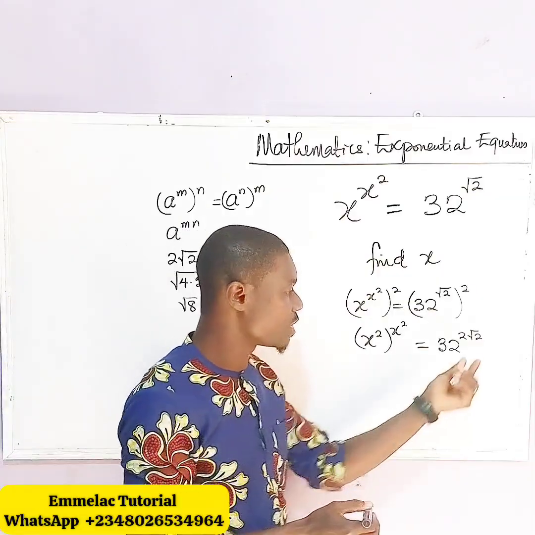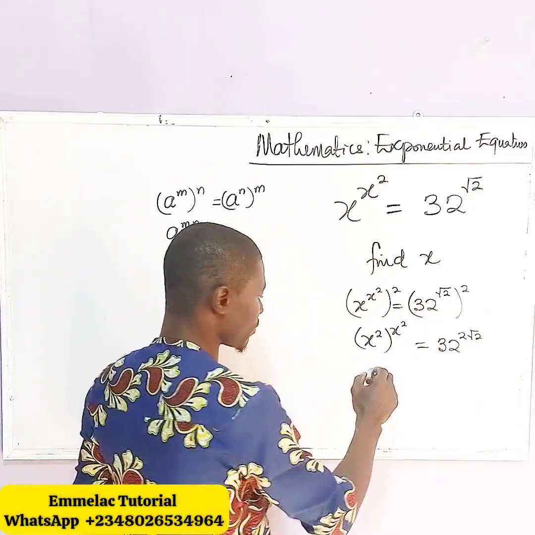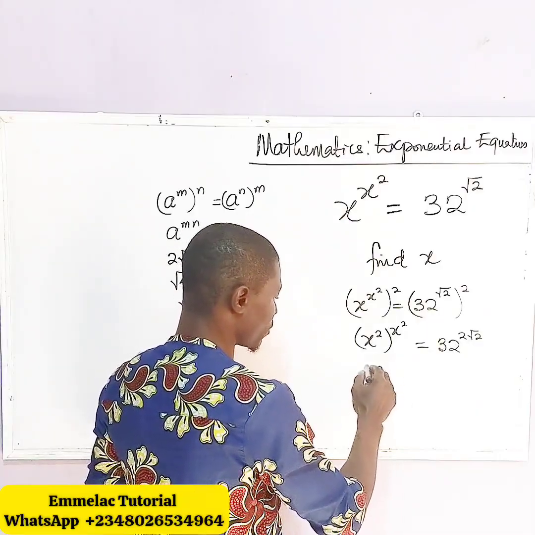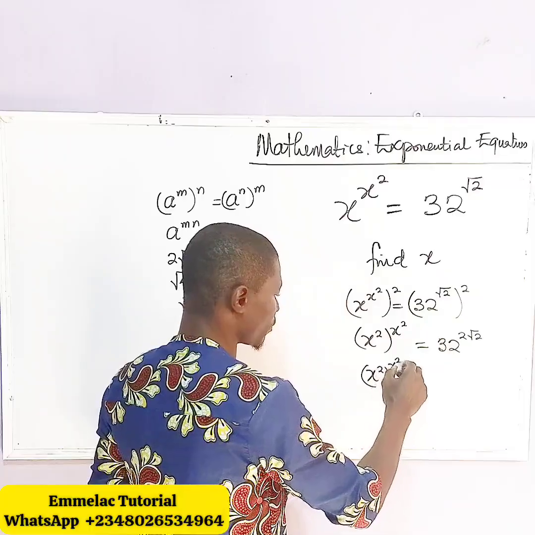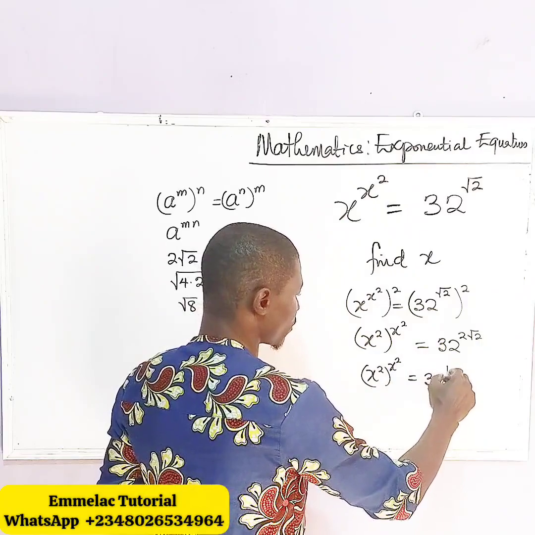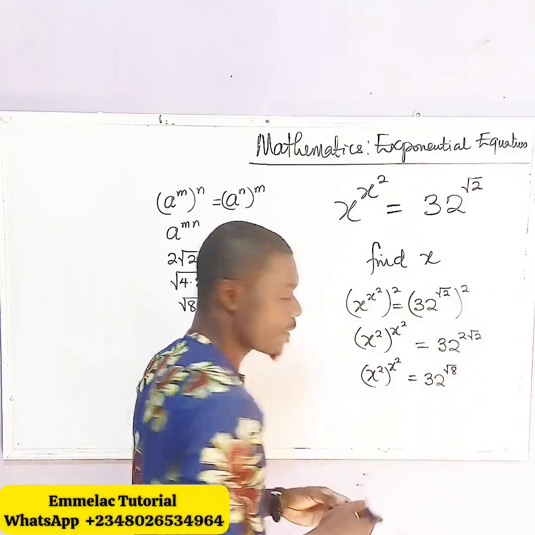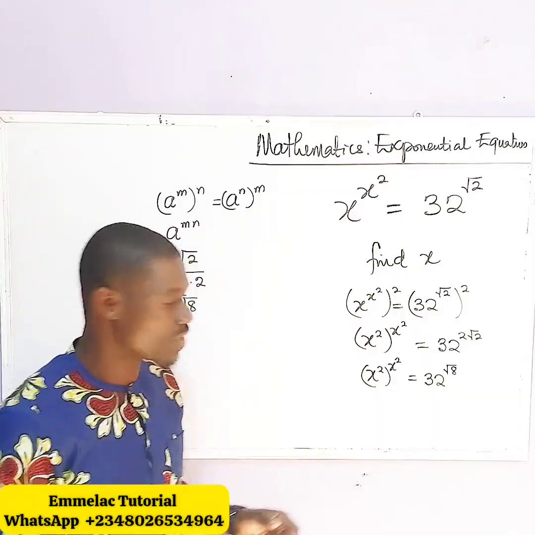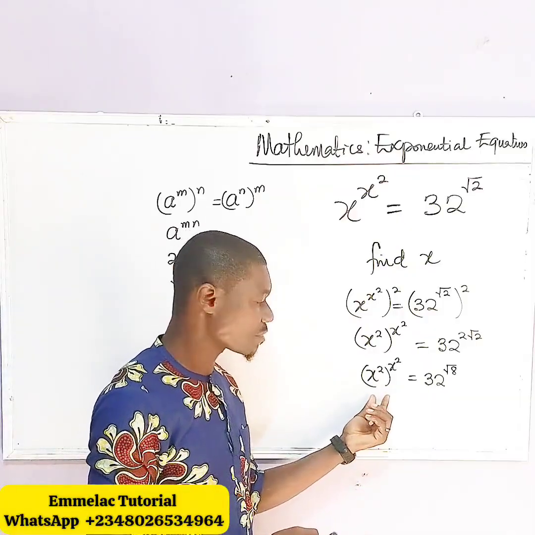So the whole of this now becomes x raised to the power of 2, raised to the power of x raised to the power of 2, then equals 32 raised to the power of the square root of 8.